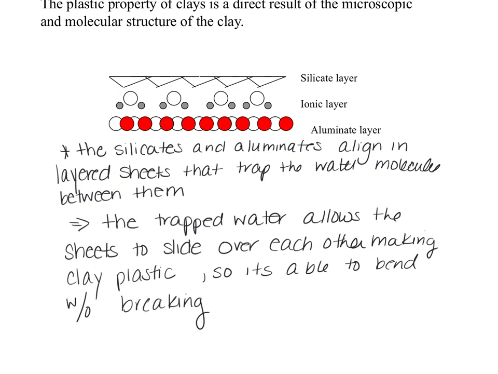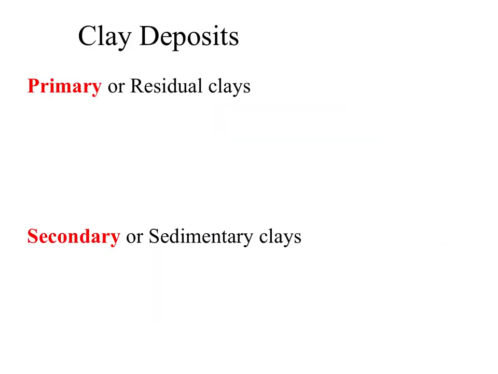So let's talk then about those clay deposits. When we talk clay deposits, you can have primary or residual clays. And like we mentioned before, these are generally found at the site of formation, so at the rocks.